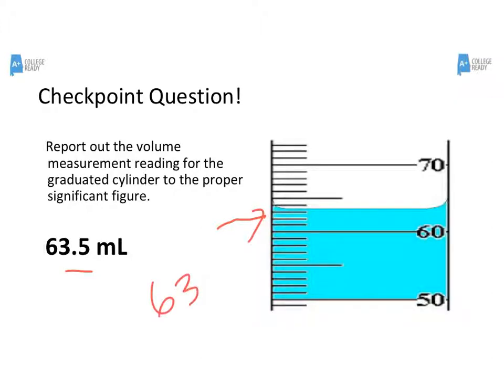The graduated cylinder is marked out in increments of 1, so we can read up to 63 with certainty. That place past the decimal, that tenth place, has to be estimated. It could be that someone else might call that a 4, or someone else might call that a 6. It wouldn't be wrong. This is an estimated digit.